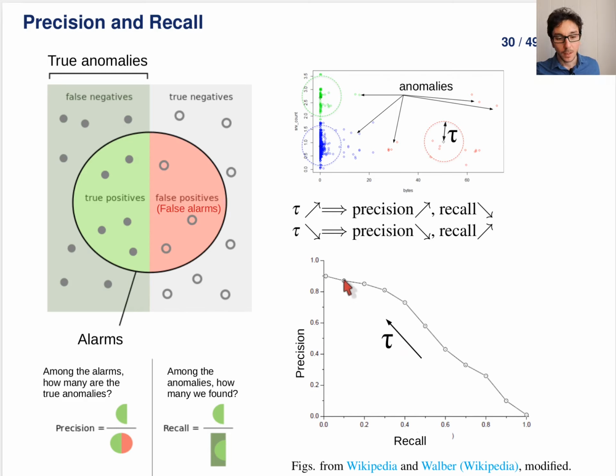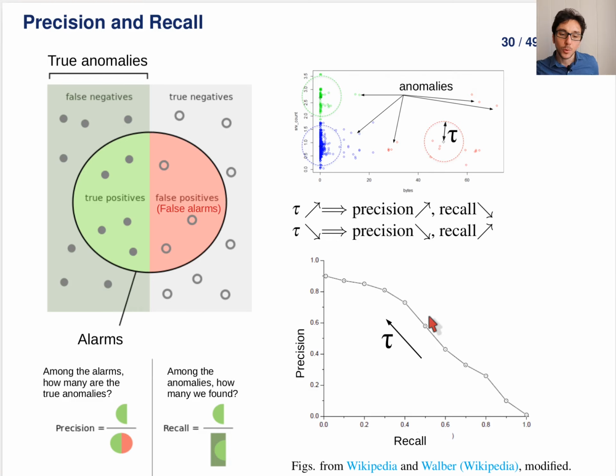So here this point is obtained for a certain value of tau, this other point for a certain other value of tau, etc. So by varying tau, we are actually considering different anomaly detectors. So each point here corresponds to a different anomaly detector, and for each of them you can compute precision and recall and obtain this plot.